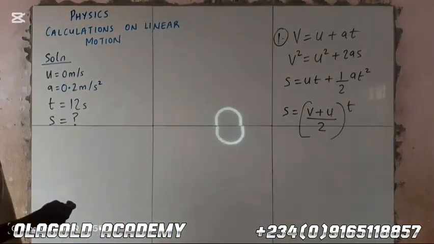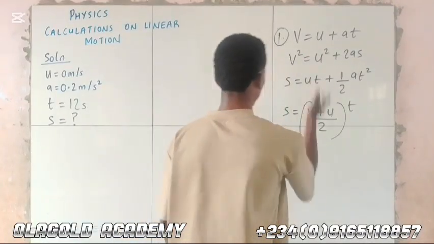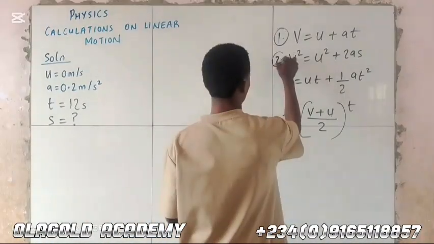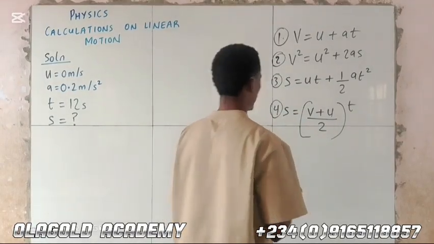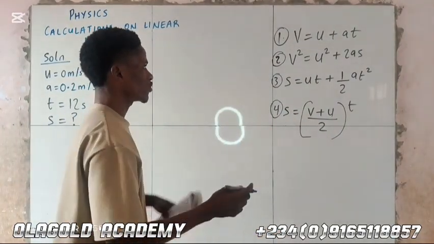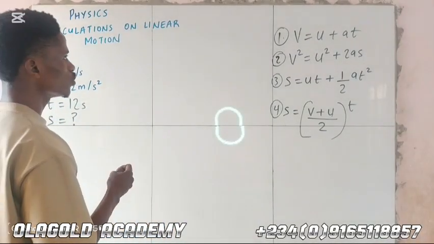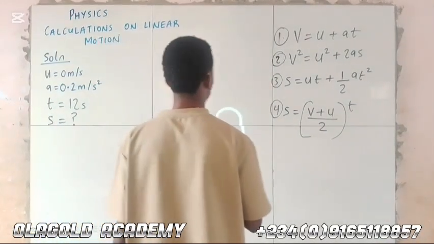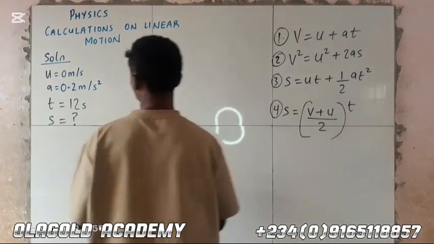So from our given parameters, what formula is the best to make use of here? What formula is the most suitable formula to make use of here? If we check carefully, you can see that equation 3 is the best equation to make use of.